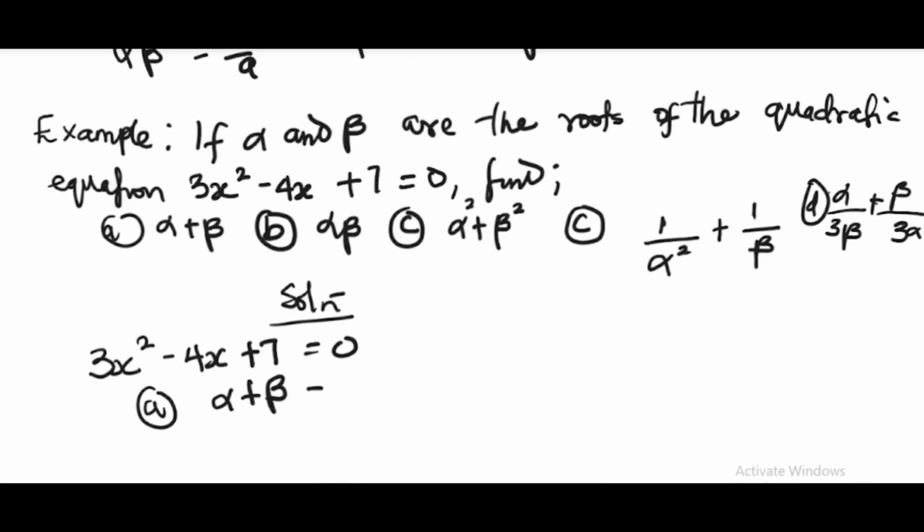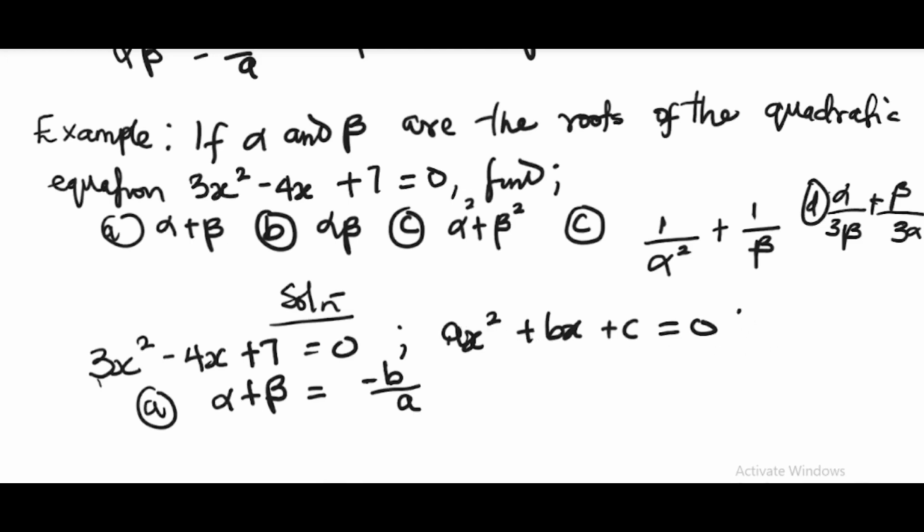For the first one, alpha plus beta, that is the sum of the roots. We've said that the sum of the roots is minus b over a from what we've done above. Now compare this quadratic equation with ax squared plus bx plus c equal to 0. Comparing, our a is 3, our b is -4.